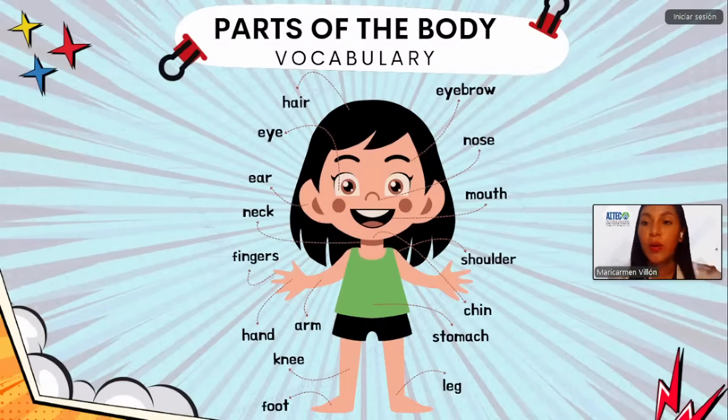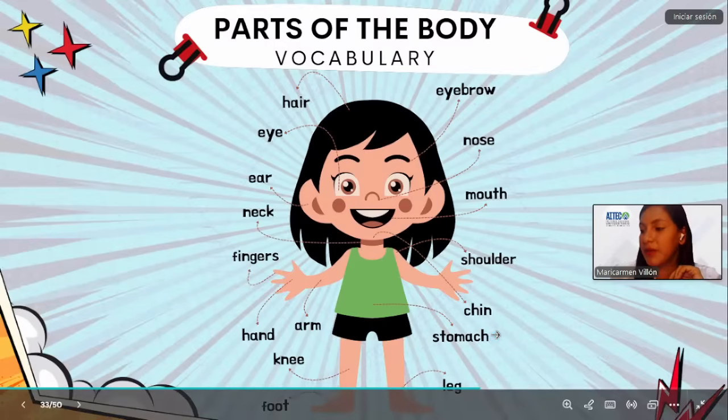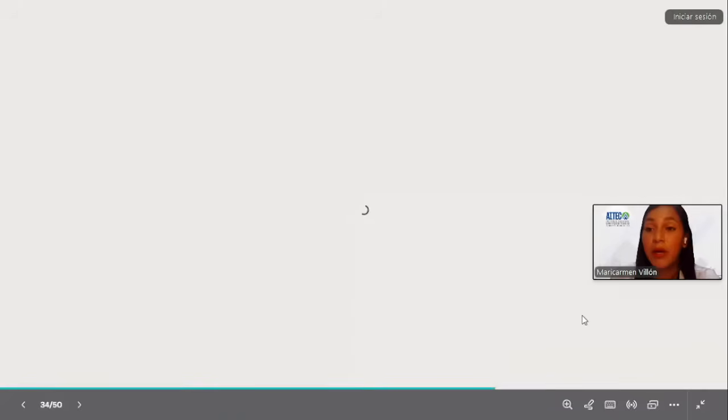We have shoulder. Chin, this is your chin. Stomach. And leg, right? So that was vocabulary. We are going to put it into practice in the next activities. Please listen to the next video.